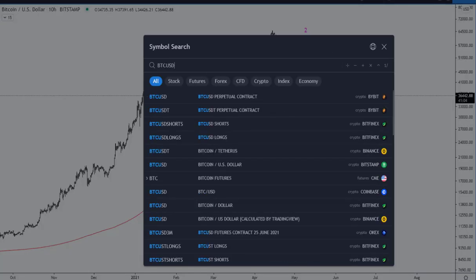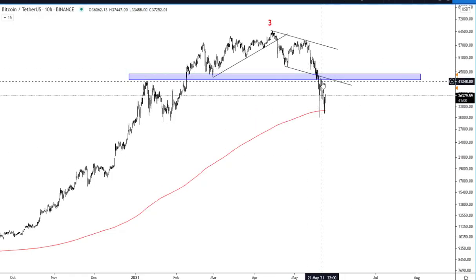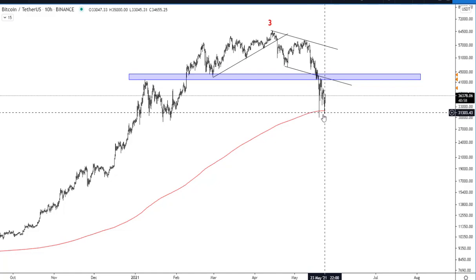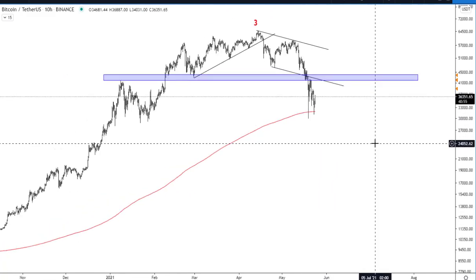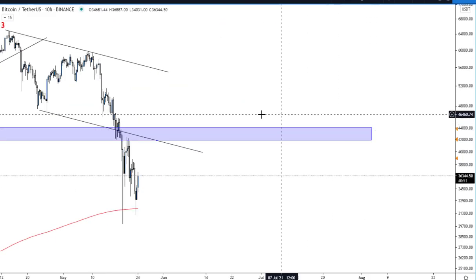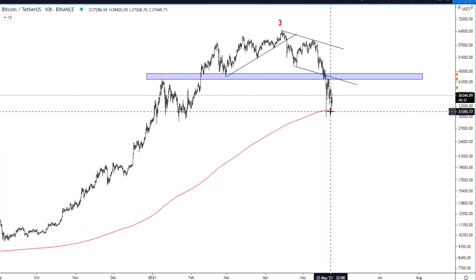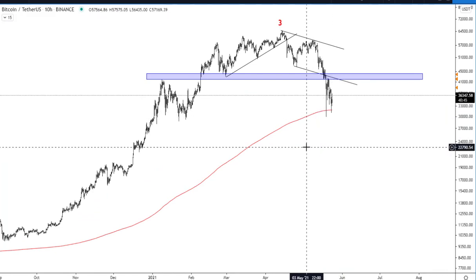Let me go back on the Binance chart. Right, we were here, so we retraced back to the support. We bounce again. I mean, in terms of Elliott wave, to be honest, I'm not so sure about Bitcoin right now, but still, I do expect this support to hold.